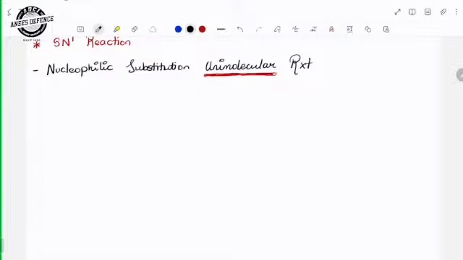Okay. So in this, let us see the general reaction. Again, the Br will get substituted by the respective nucleophile.